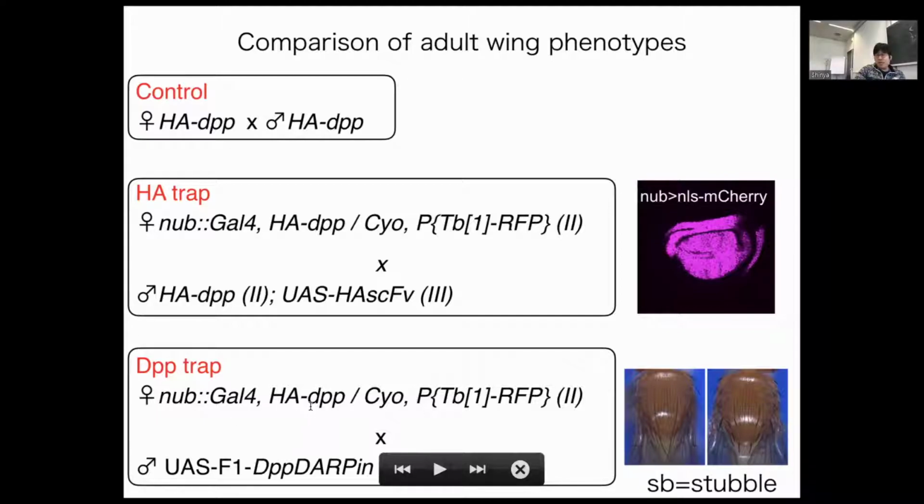In this case, you don't need HA-DPP homozygous, because the DARPin recognizes endogenous DPP anyway. Here you have a balancer in the DARPin construct, and it carries Stubble, so you can see the Stubble phenotype, which is short hairs on the back.